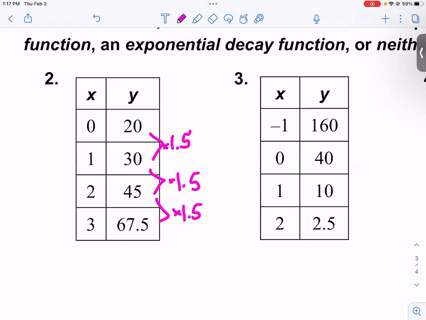It's decreasing by, sorry, it's decreasing by times 1/4. Okay. So instead of saying dividing by 4, he said multiplied by 1/4, and I like that.